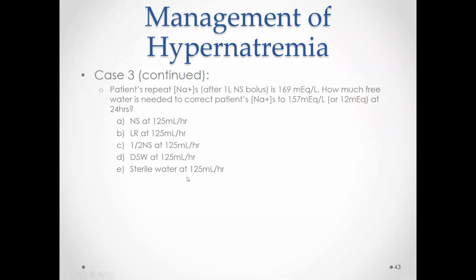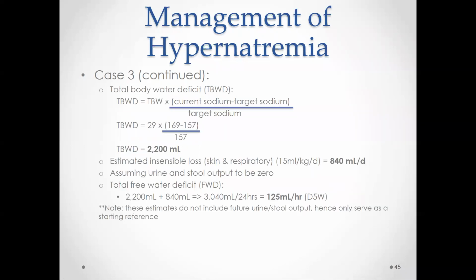Sterile water is not the right answer either. And so that leaves us C and D. Any takers? D? Is that what I heard? Okay. All right. Yeah, it would be D.